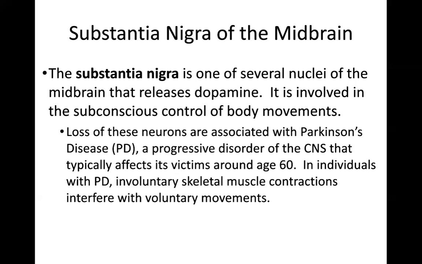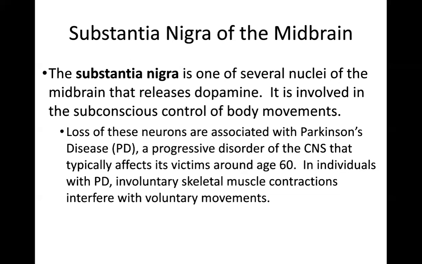A little bit more on the midbrain. What we call the substantia nigra is one of the nuclei in our midbrain that releases dopamine, which we learned is a neurotransmitter involved with subconscious control of body movements. And at the end of Tuesday, we talked about Parkinson's disease and how, if we have that disease, we lose voluntary control of our skeletal muscle, and therefore what we end up with are just involuntary muscle contractions.